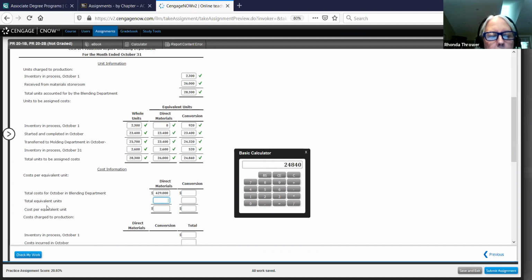I'm going to pick up my total equivalent units for my direct materials. Notice that your total equivalent units, that was what we found earlier, is 26,000 units. To find the cost per equivalent unit, I'm going to divide 26,000 units into my $429,000 cost of my materials for this period of time.